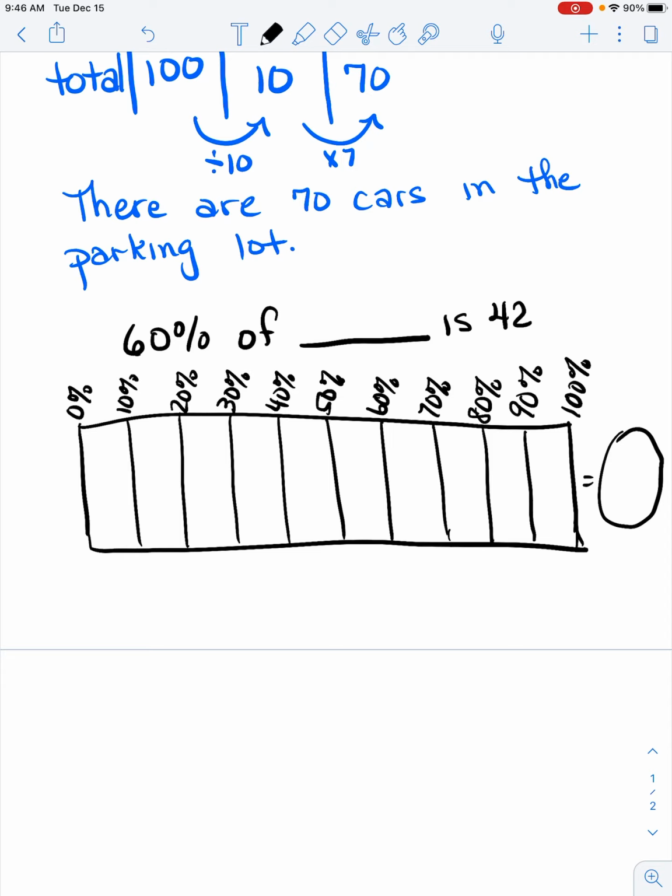Okay, and we are interested in 60%. So I'm going to shade in 6 boxes, all the way up to 60.